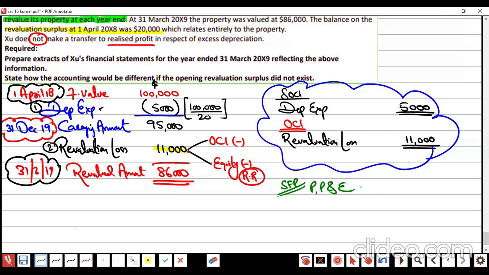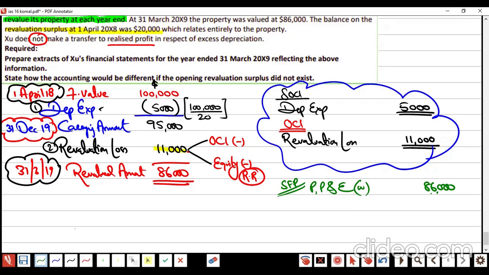How much? What amount is quoted? 86,000. 86. Very good. Did I need to charge another depreciation?